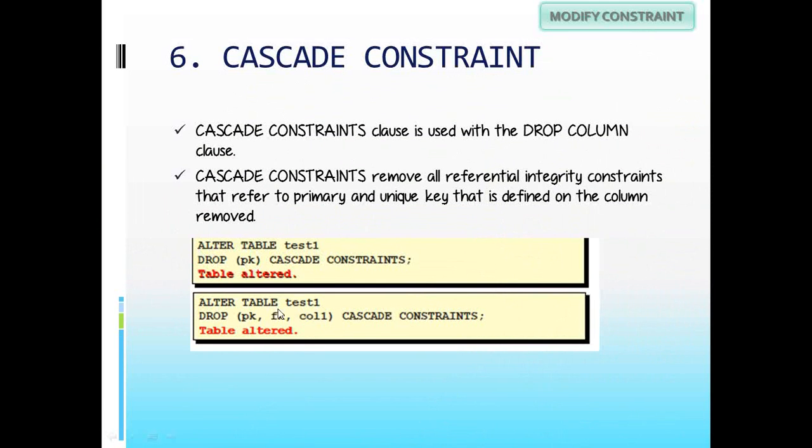Maybe a primary key is used as a foreign key by another table, but with cascade constraints we force the deletion of the relation, so the effect applies not only to this table, but another table also gets the effect.